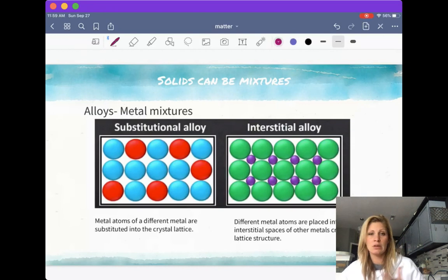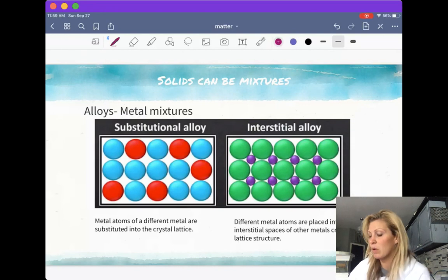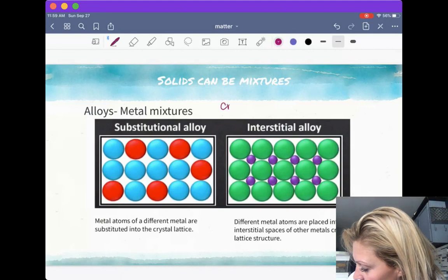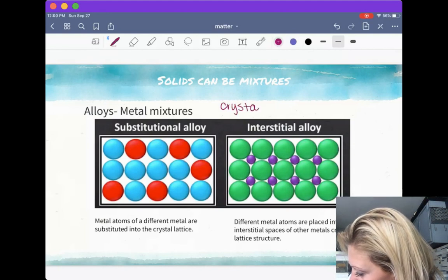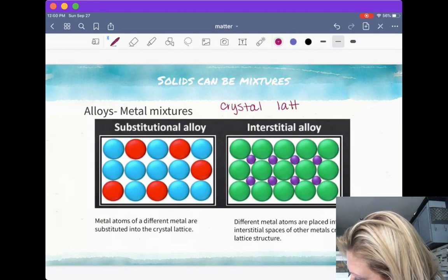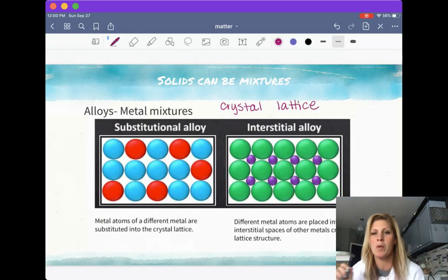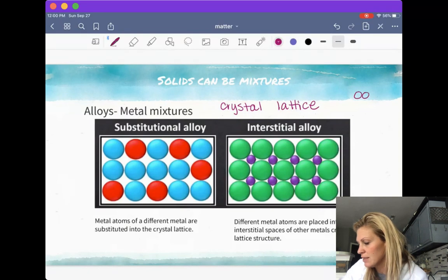So these metals are in the solid form, and metals are going to form something called a crystal lattice. A crystal lattice is just its shape or pattern when it is in the solid state. So crystal lattices are going to have the metals very tightly compacted, and they're going to form a pattern. So let's say this was zinc.